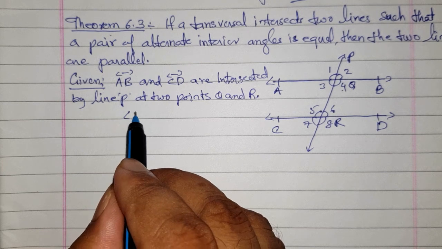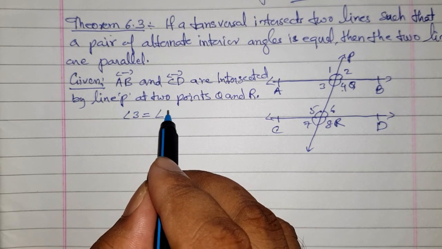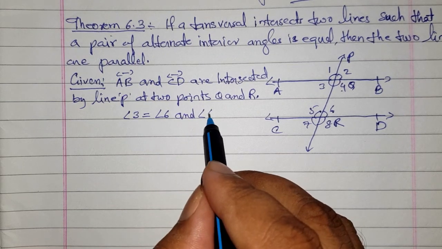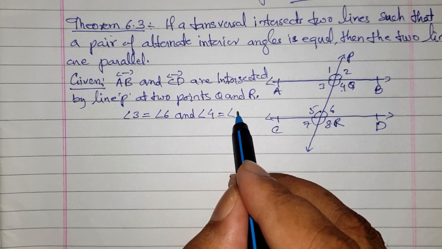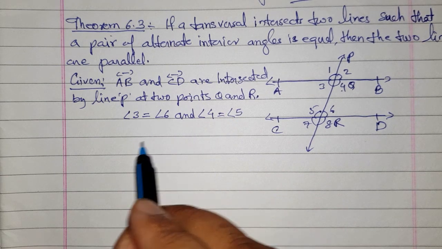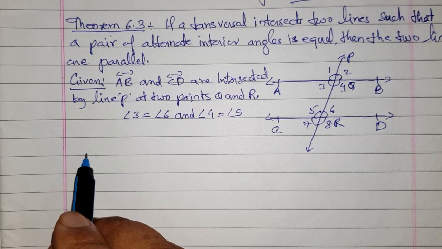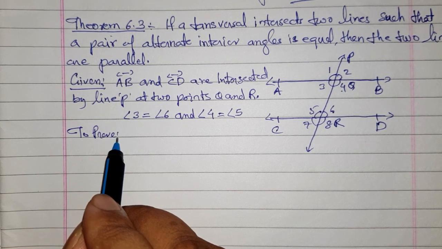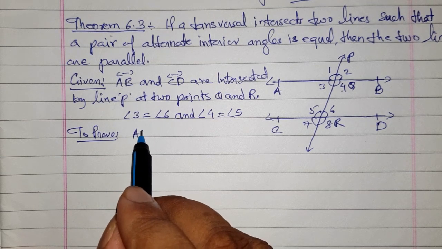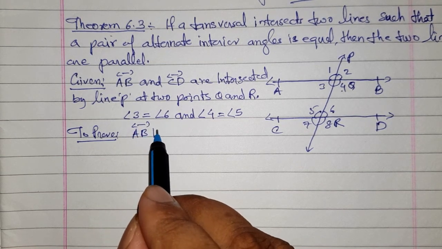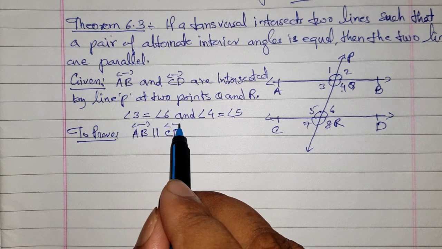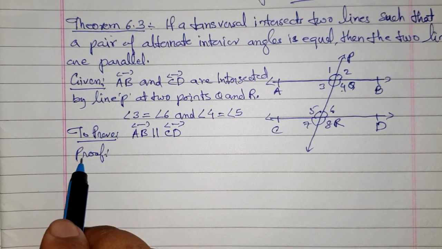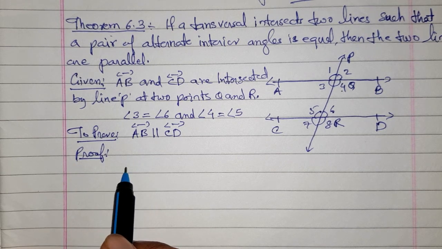As well as interior angles are equal, that is also given. Angle 3 is equal to angle 6 and angle 4 is equal to angle 5. These two alternate interior angles are given. They are asking to prove that line AB is parallel to CD. So we will prove how AB is parallel to CD.